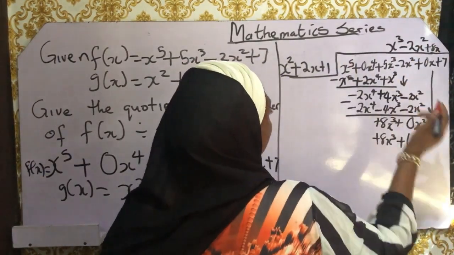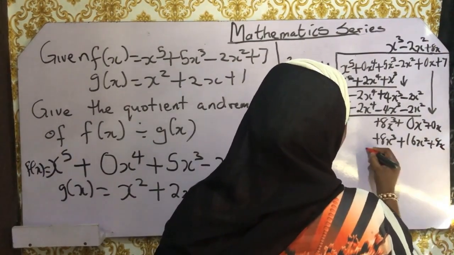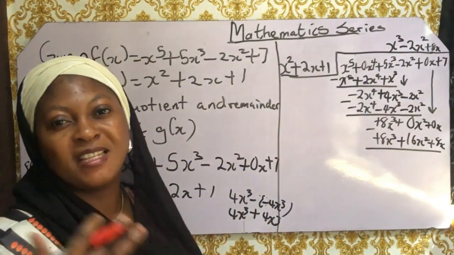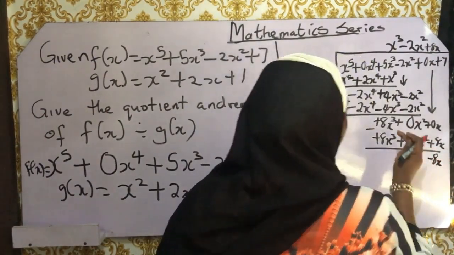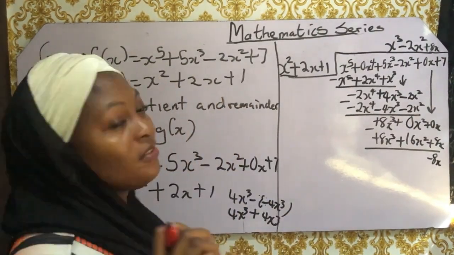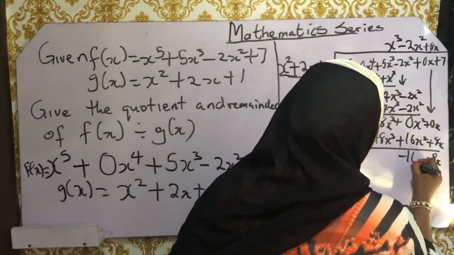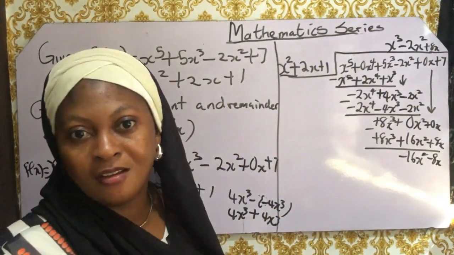Then we have 8x times 1, that will give us plus 8x. Subtract. The 0x minus 8x is negative 8x. The 0x squared minus positive 16x squared gives negative 16x squared. 8x cubed minus 8x cubed gives 0.